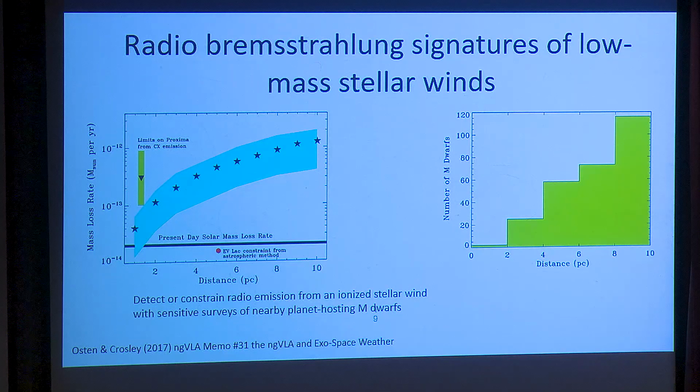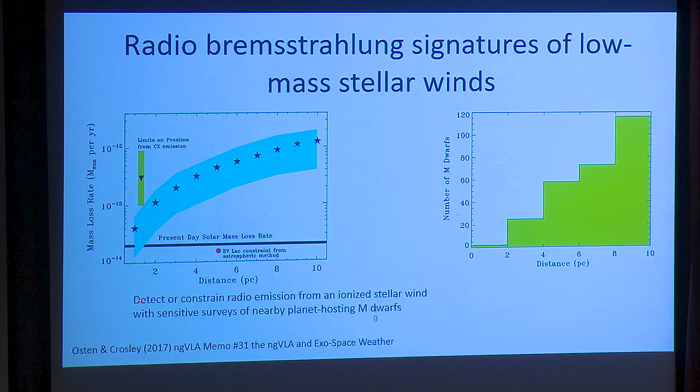Radio bremsstrahlung signatures of low-mass stellar winds. This is the point that Julian showed in his slide on limits on mass loss from Proxima, from charge exchange emission. Here is EV-LAC, which has a constraint from the astrospheric method. This plot is several years old now, so it doesn't have the latest results from Brian Wood.